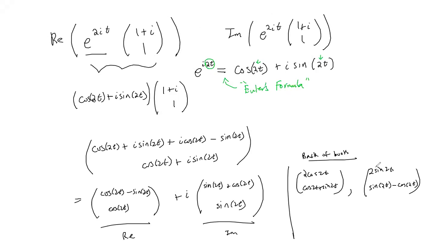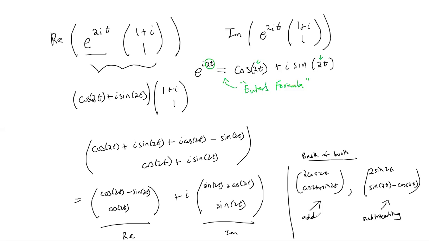Okay, so yeah, if I add the first vector and the second one, the sines on the top cancel and I get 2 cosine 2t, and then I get cosine plus sine. So that gives me the first one by adding these two. And if I subtract the two, I would get the negative of this one.